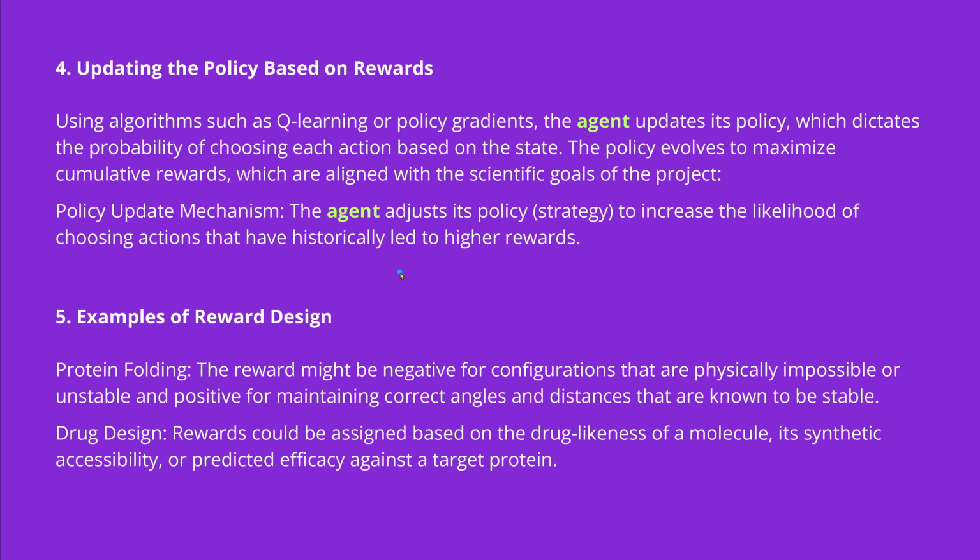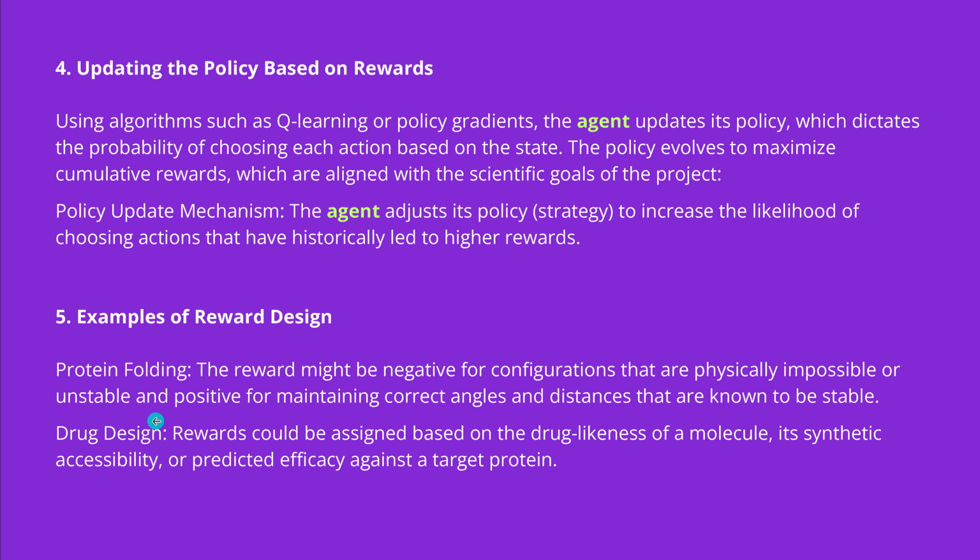Let me give you an example of reward design. In protein folding, the reward might be negative for configurations that are physically impossible or unstable in our computer simulation, and it might be positive for maintaining the correct angles and the correct distances in our molecular cluster that are known to be a stable configuration.